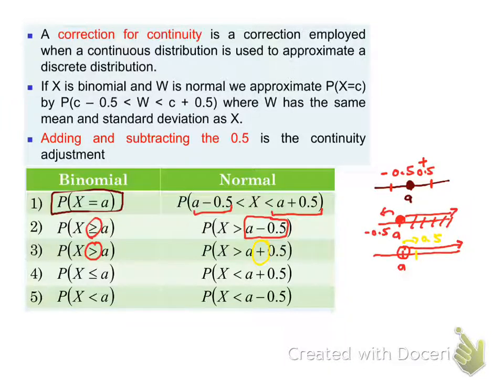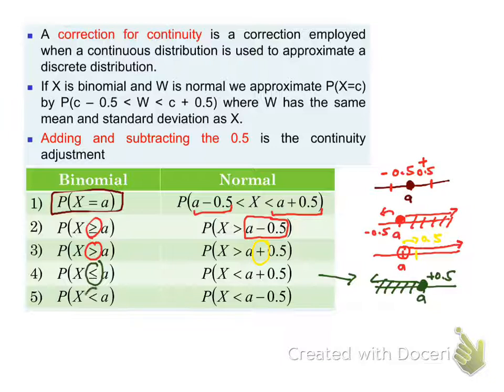Then this one is smaller than or equal to A. Equal means A is included, so the correction for continuity will be plus 0.5 here, because this point is included. We need to go back a bit with plus 0.5.